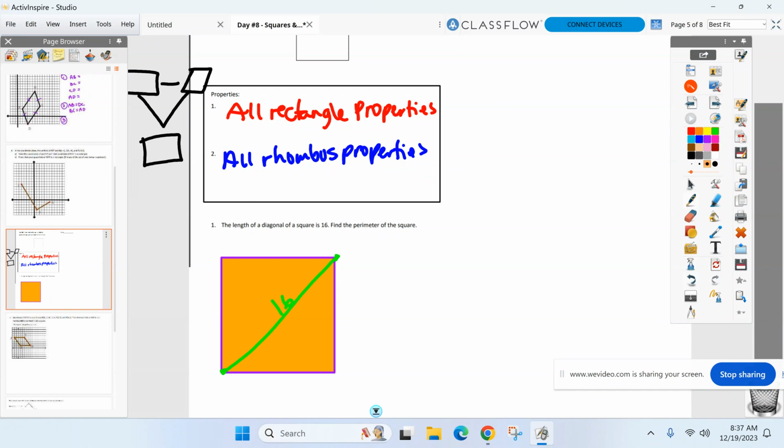It literally works. Okay, hold on. x squared plus h squared equals z squared.